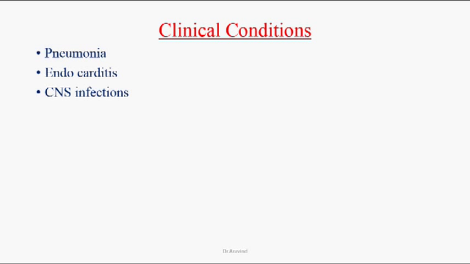This organism is the third most common cause of urinary tract infections, especially in people who have urinary catheters, foul urinary catheters for a prolonged period, or people who are exposed to instrumentation, unsterile surgical instrumentation. These people majorly get urinary tract infections.